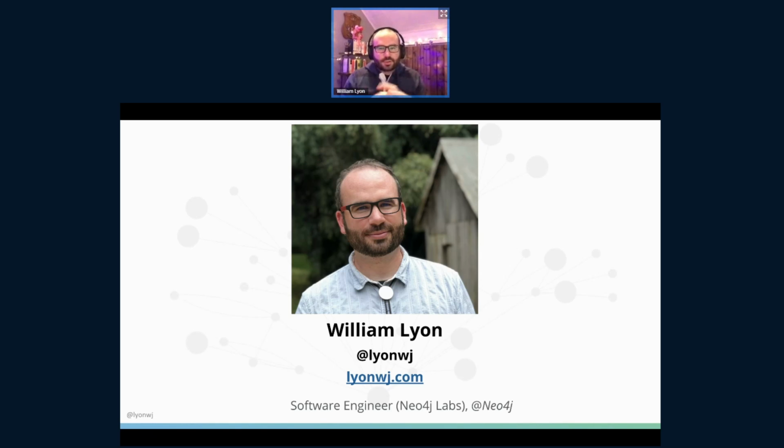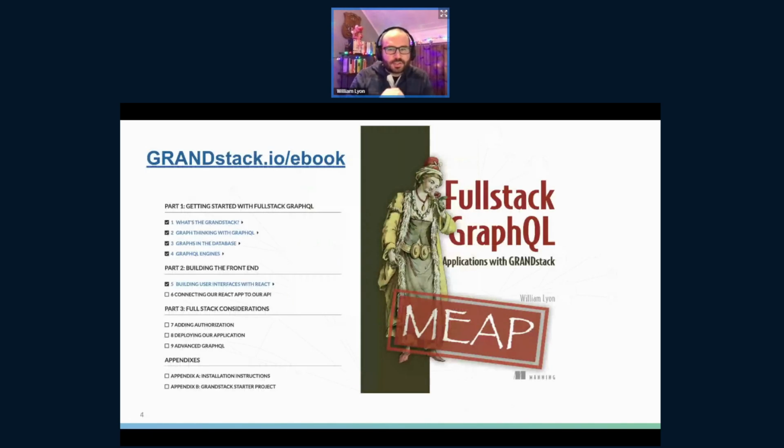Instead, I work on tooling and integrations around the database. I've also been writing a book called Full Stack GraphQL Applications with Grandstack. So that's GraphQL, React, Apollo, and neo4j database. That link in the top corner is a link to download 3 chapters for free from the book, sponsored by neo4j, which focuses on the backend aspects.